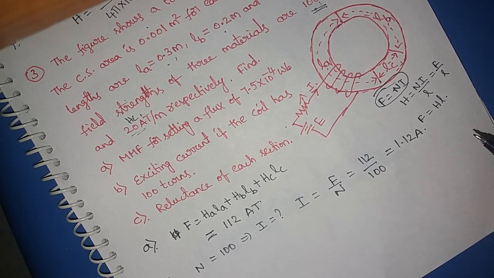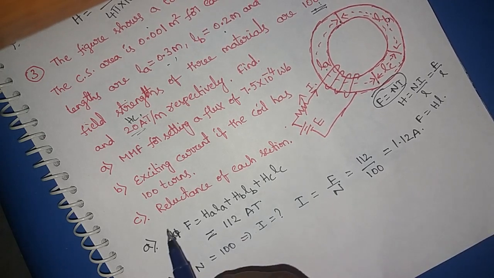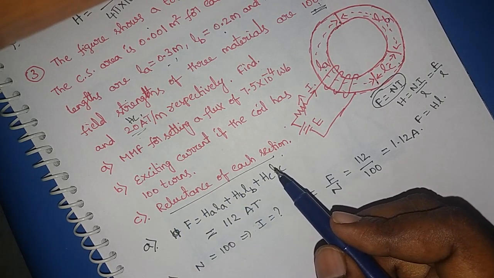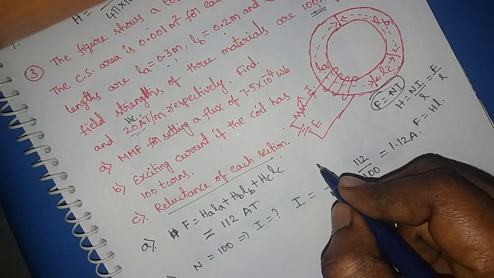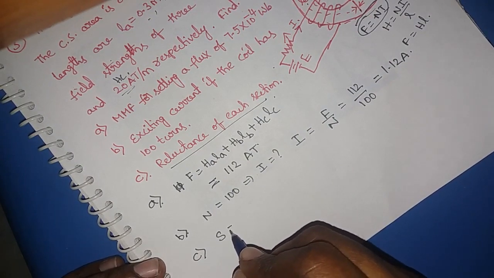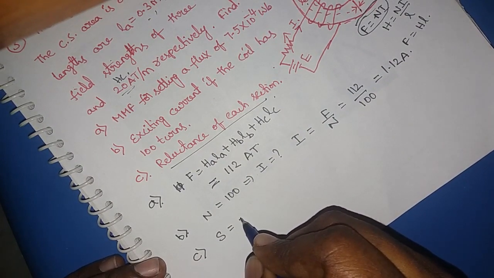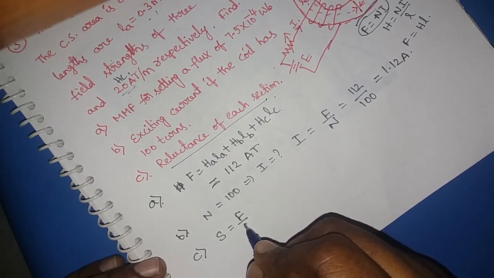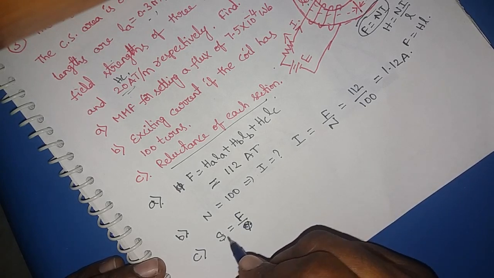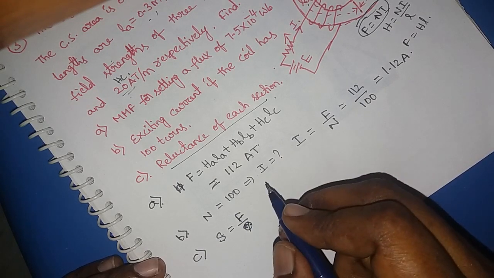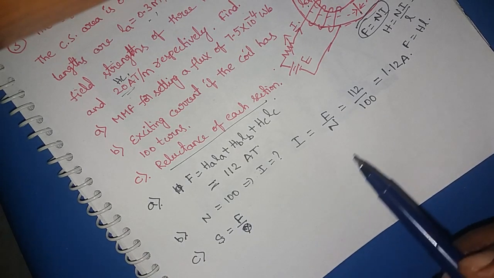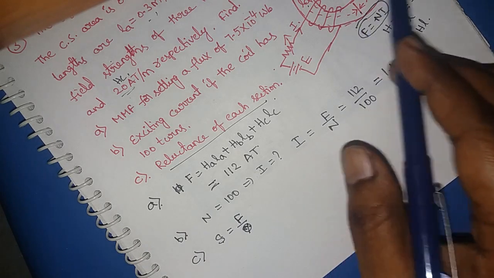The next one is the reluctance of each section. How do you find reluctance? We have various formulas. Reluctance S is equal to F by phi, because F is equal to phi S. Or you can also find S is equal to L by mu A. But here again you have a problem with mu; you don't know the value of mu.